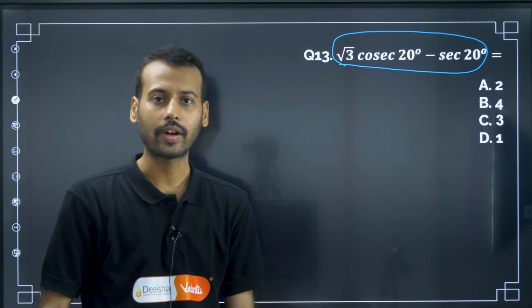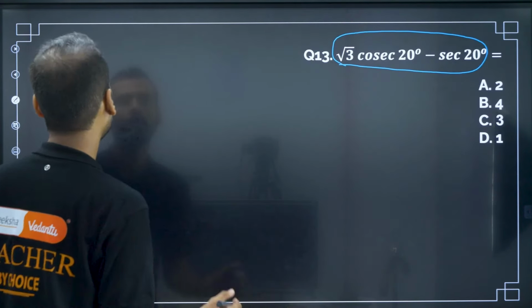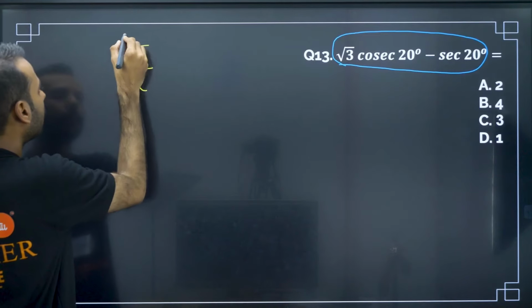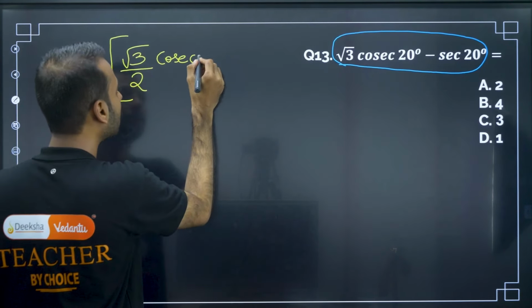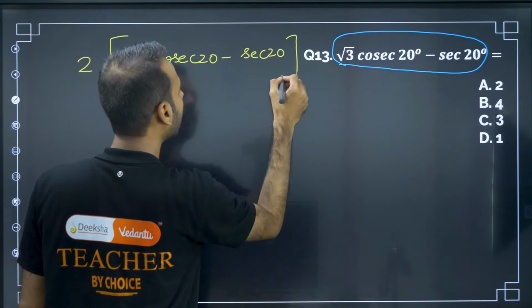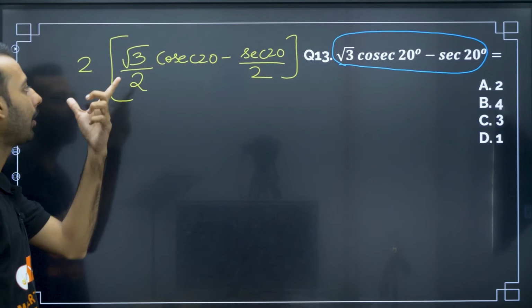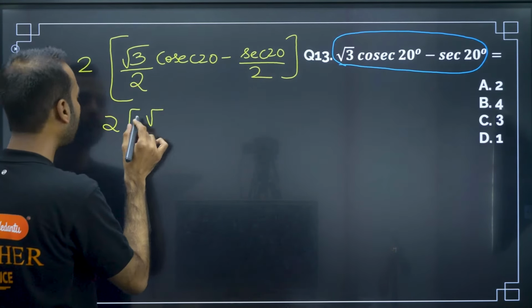So one way is to find cosecant 20 and secant 20, or else we can go for algebraic manipulation. Root 3, let me write by 2 here, cosecant 20 minus secant 20, let me write by 2 here. What I did in this step is multiply and divide by 2. So let me write 2 here as it is, root 3 by 2.